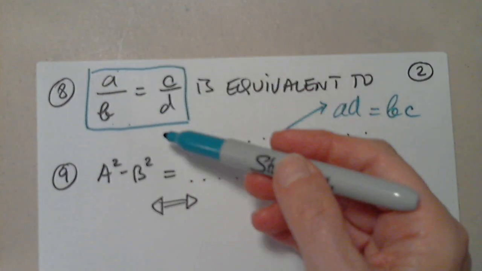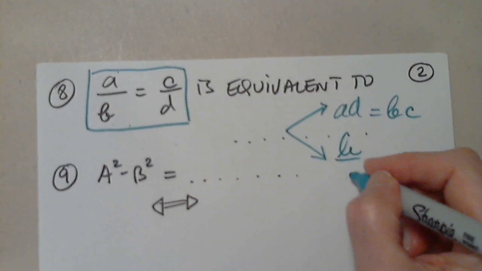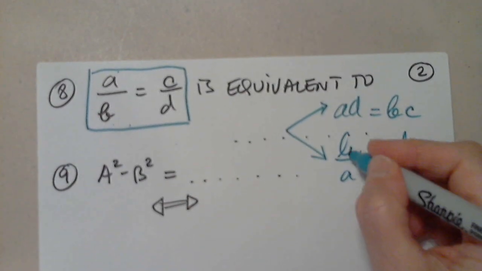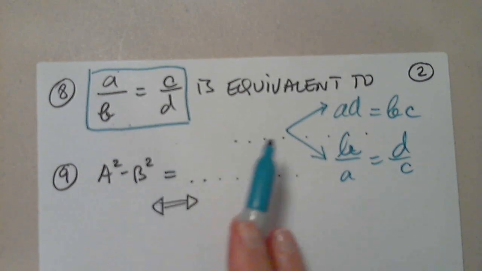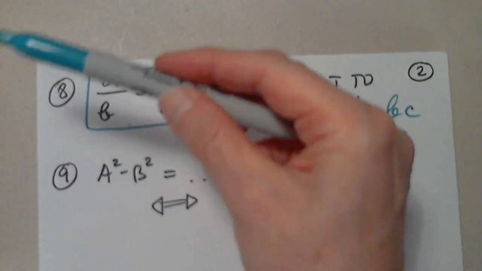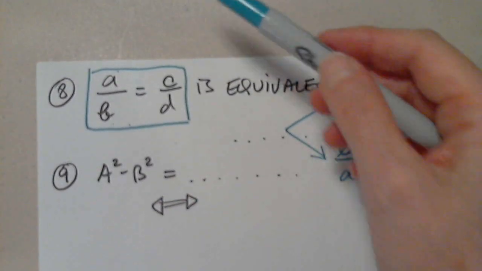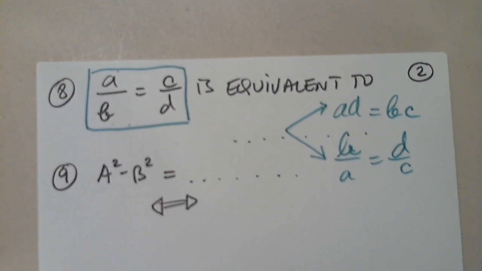B over A equals D over C. Same thing. Only in a proportion we can cross multiply, and also if we flip the left hand side and we flip the right hand side, we still get the same thing. BC equals AD.